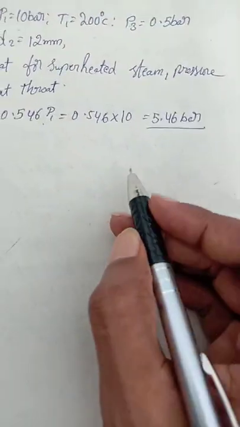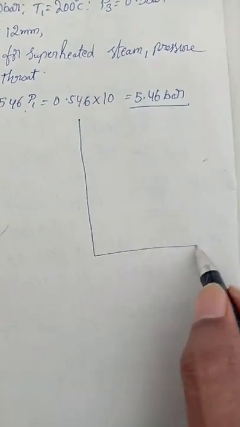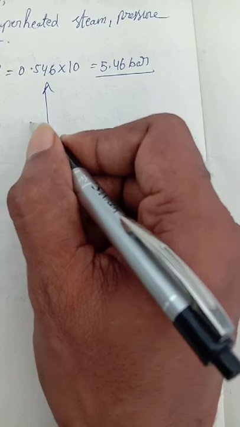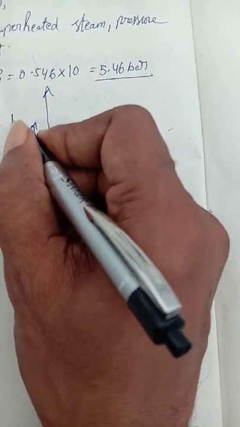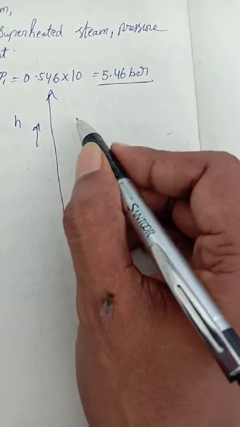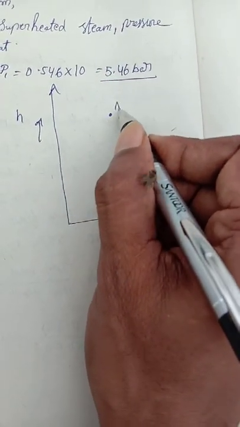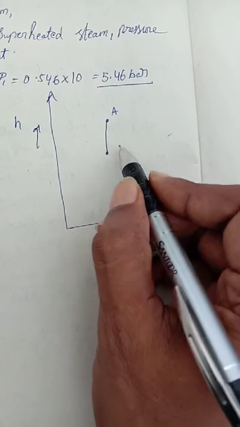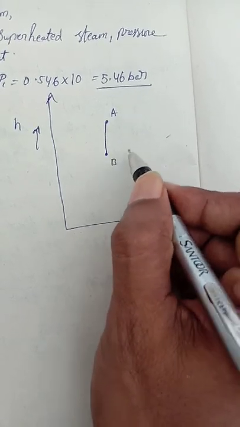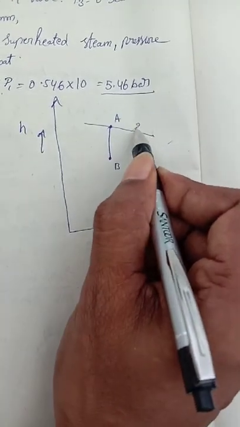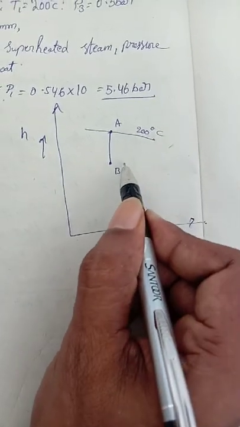Okay. Now we are going to draw here the Mollier chart. This comes from H, and we know very well this comes from S, entropy. Now the point is representing A. The point is representing here B. Then here also the temperature is going like this downwards.